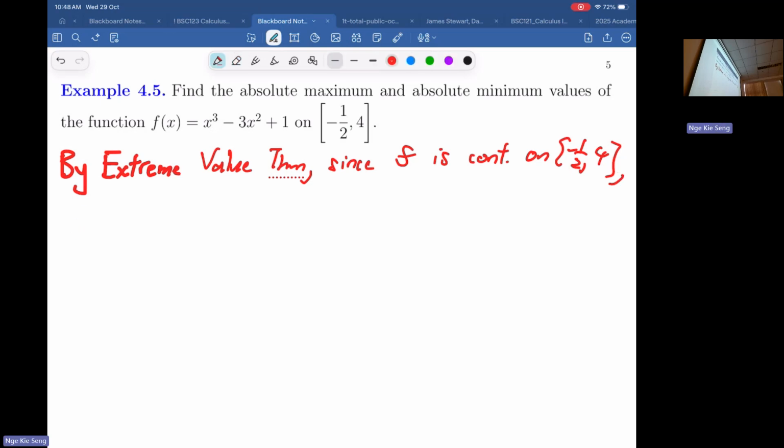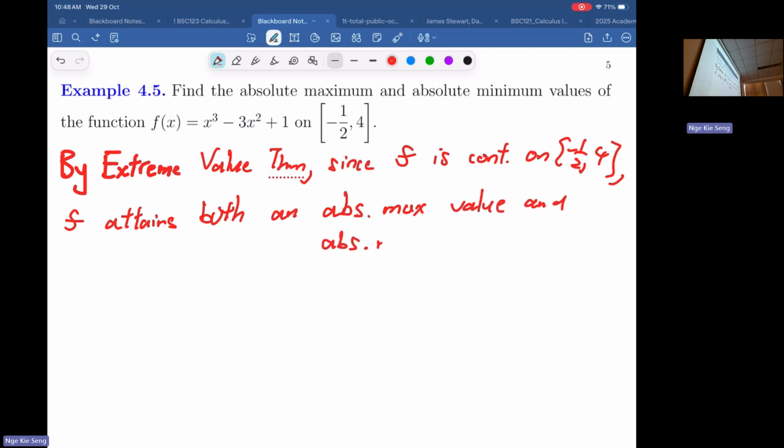Since we have continuity here, f attains both an absolute maximum value and an absolute minimum value. There's really only one, correct?